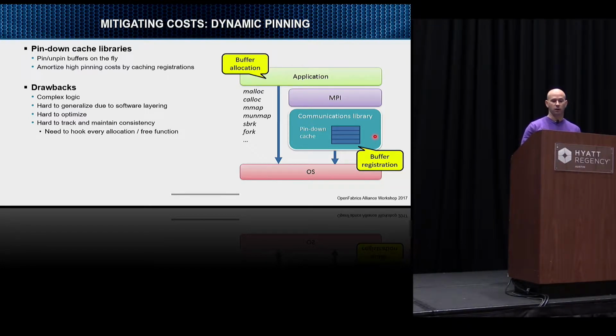In addition, the number of ways you can allocate and free memory is pretty large. And this is just system calls in C. I'm not mentioning here all those C++ operators and other languages. And in order to get this caching right, you have to track all these allocations and frees. You have to optimize, which is a bunch of heuristics. And it's very hard.